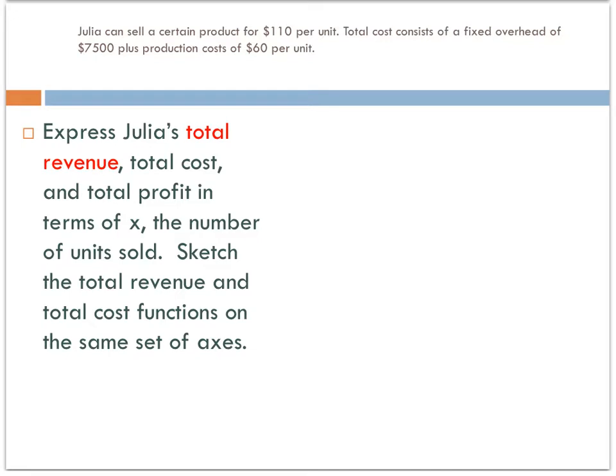So her revenue function, let's call it R, she's earning $110 every time she sells one of her units. So that's your revenue function. Every time one of her widgets sells, whatever it is that she's selling, she gets $110. So that means she would multiply 110 times that X in order to figure out how much she's going to make every time one of her widgets sells. So there's your revenue function right there. It's as simple as that.